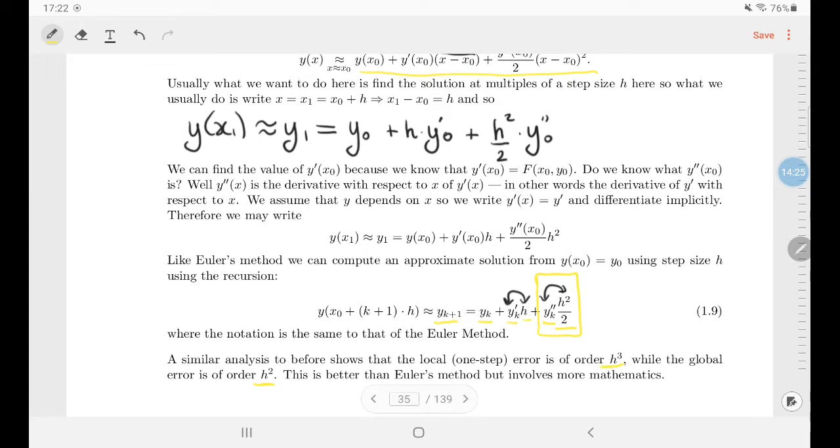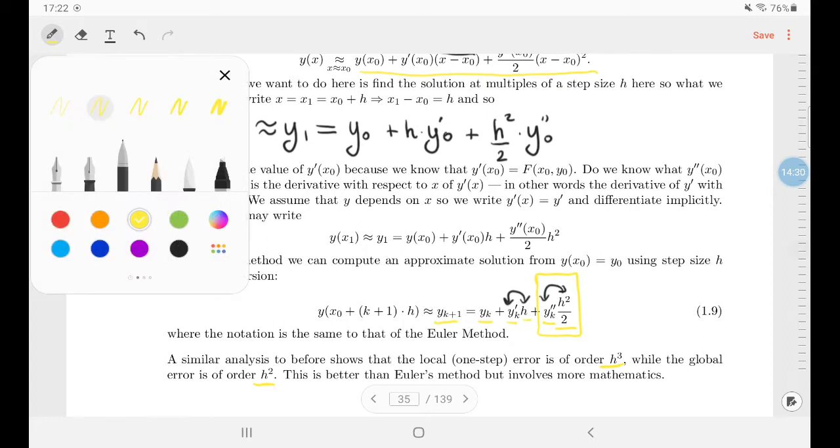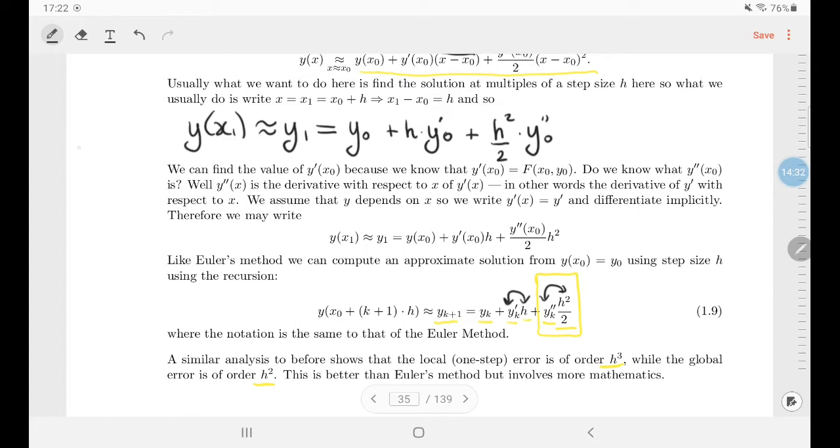So that's good because, say with the Euler method, let's write this down. Say you've got the global error. Now you don't know what the global error is, but just say for argument's sake it's 0.1. And suppose you want to get the global error down to 0.001.